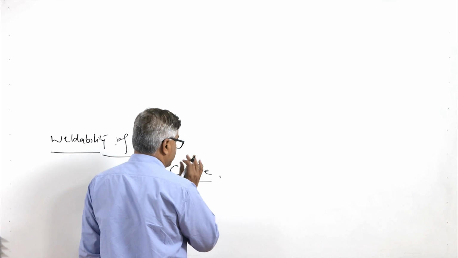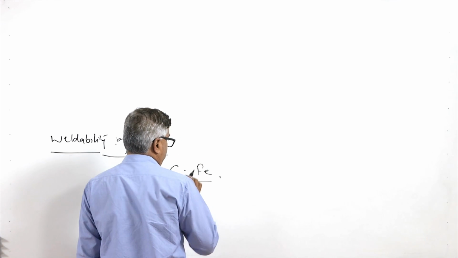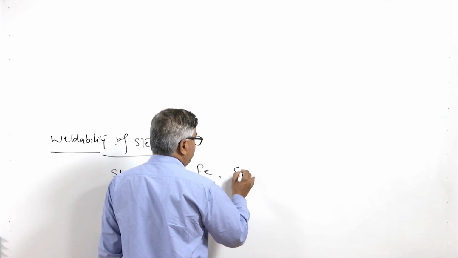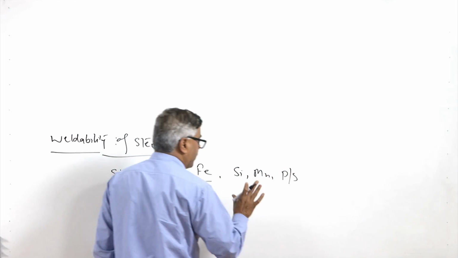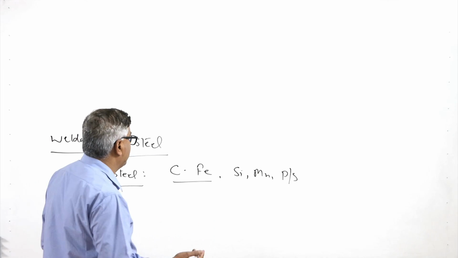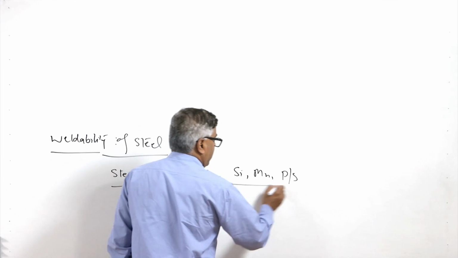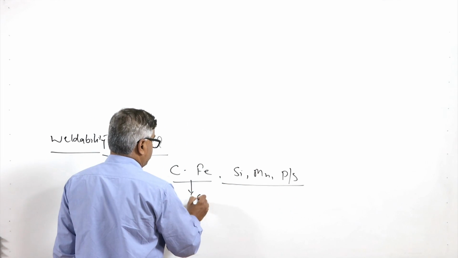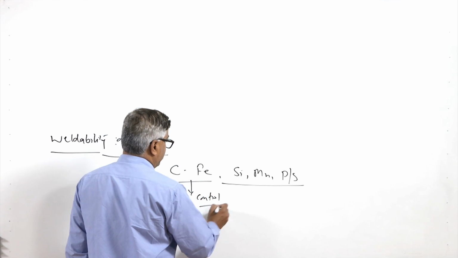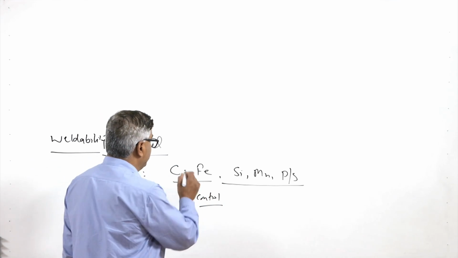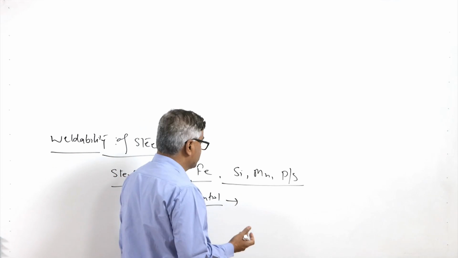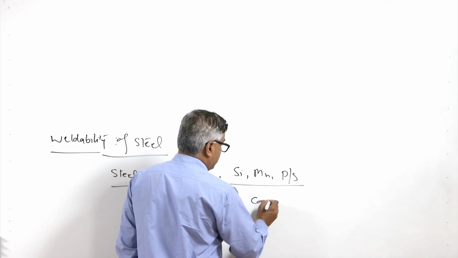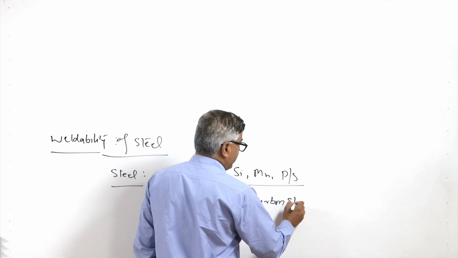Apart from carbon in iron, it invariably has silicon, manganese, phosphorus and sulfur, provided no other alloying element is added. So, when only the carbon concentration is controlled in this way, it is called plain carbon steel.